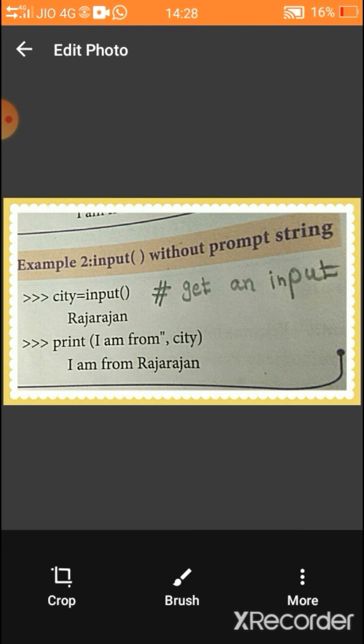Through the input function, it asks for the value of the variable city. So we have to enter Rajarajan as an input through the keyboard. Is it clear? So comments do not print anything. They tell the user what we are going to do through this statement.